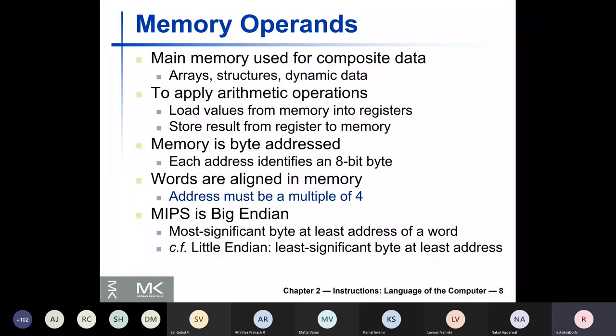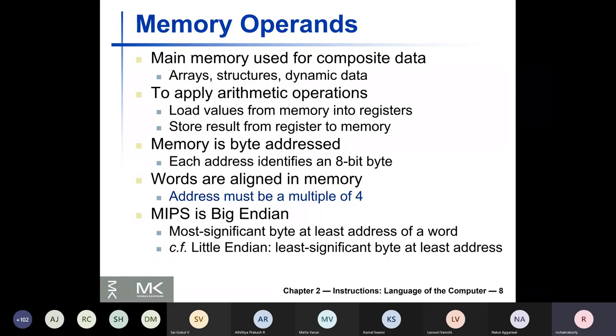MIPS is big endian. That means the most significant byte is at the least address of a word. What this means is just the example I gave. Suppose you have word address 0. Word address 0 means bytes 0, 1, 2 and 3 together make one word whose starting address is 0.